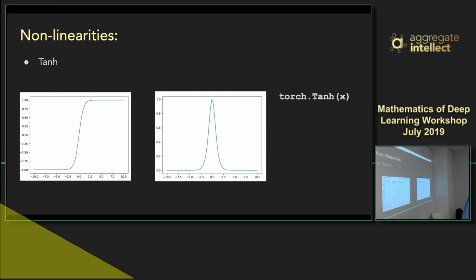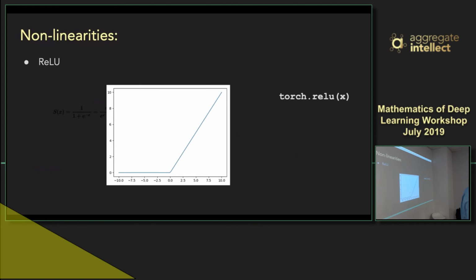And by the way, in PyTorch, these are used as torch.tanh, and you give it whatever tensor that you have. The most popular one is called ReLU, and it is very sophisticated. It is 0 if your input is less than 0, and it grows linearly if your input is greater than 0.